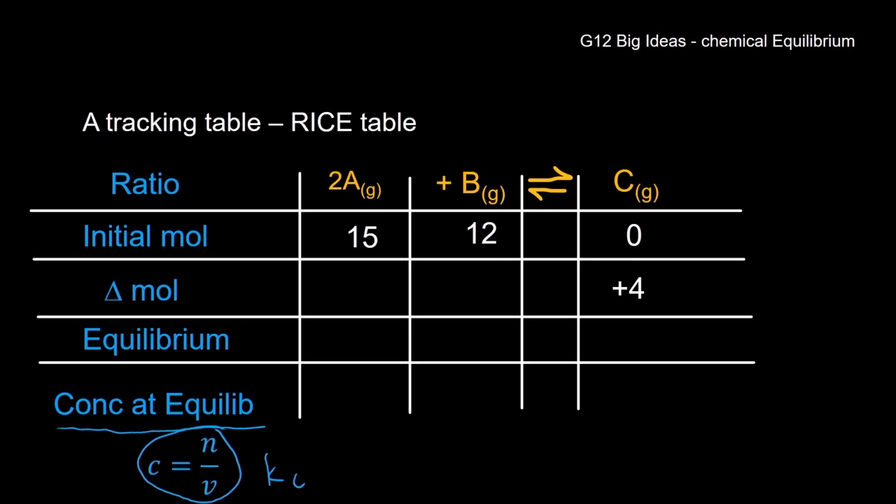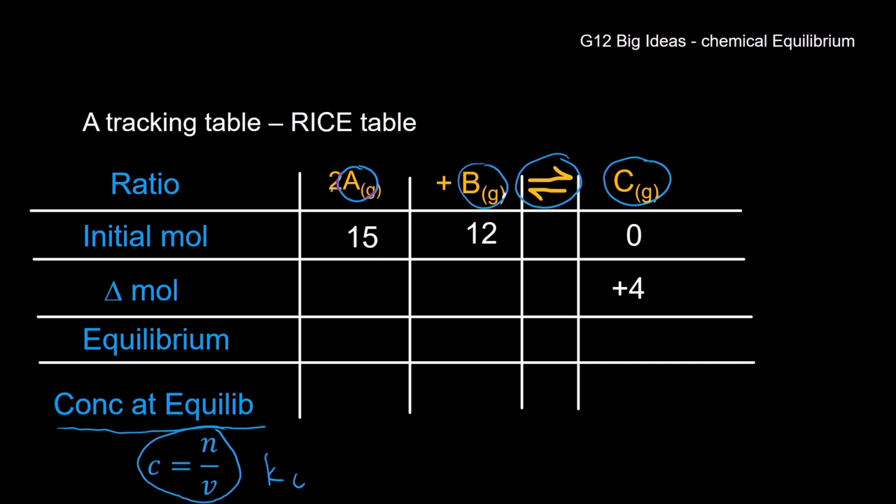I have given you in this table a phantom equation. You can see there it's A, B, and C. My reactants are A gas and B gas, and my product is C gas. I have a double arrow telling me that it is a reversible reaction, and it is balanced.